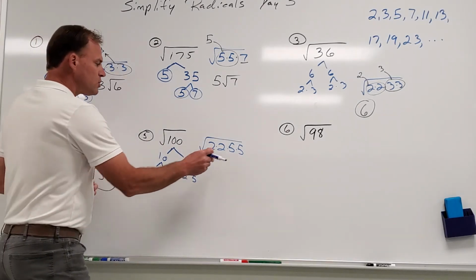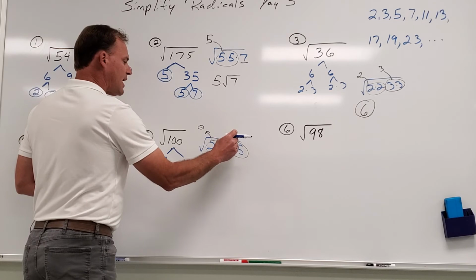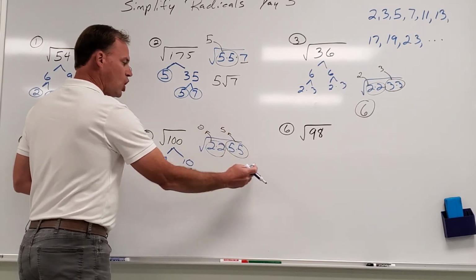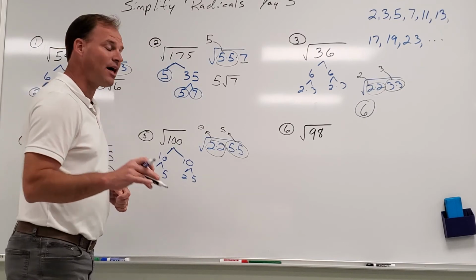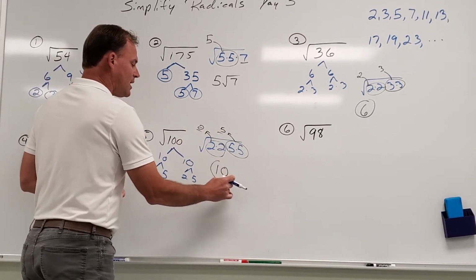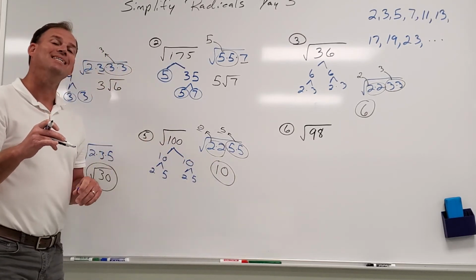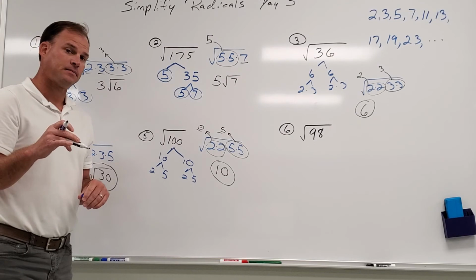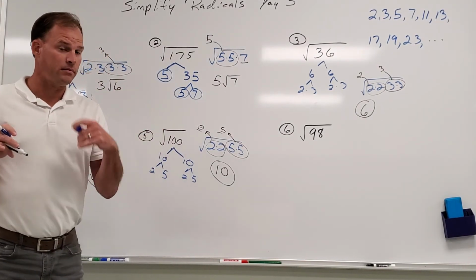Find your pairs. 2's out, 5's out. What's left? Nada, nothing. 2 and a 5 multiply together to be 10. Nothing left in the radical. The square root of 100 is 10. Here we go. Some of you are noticing a pattern. That's great. Good.